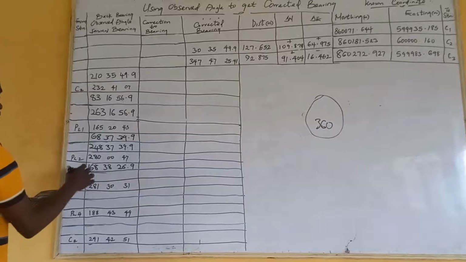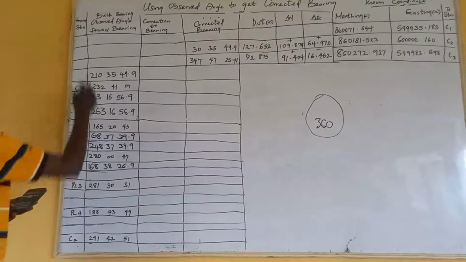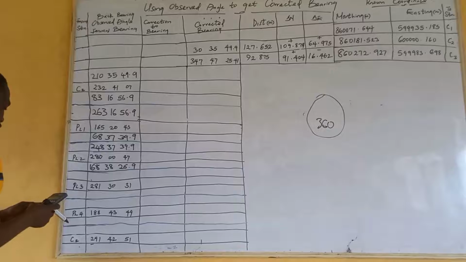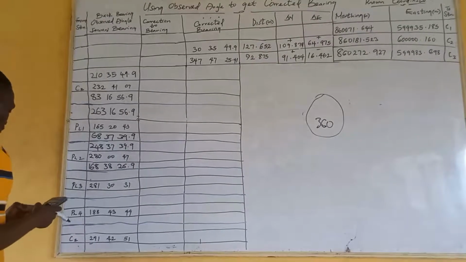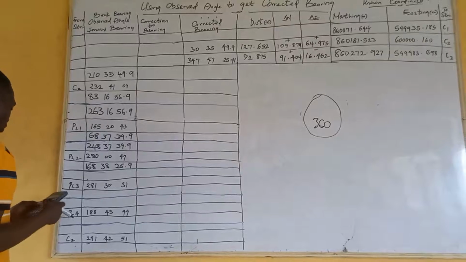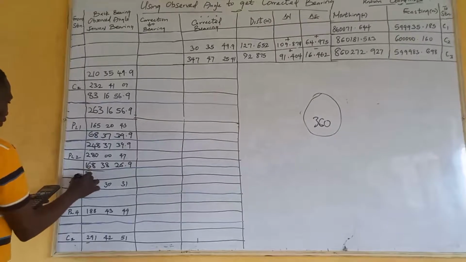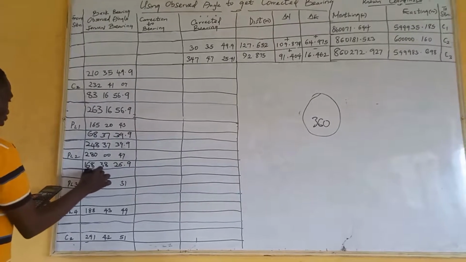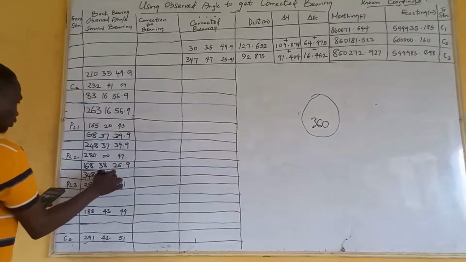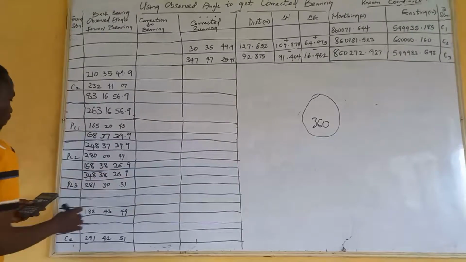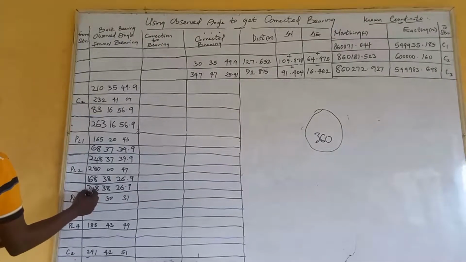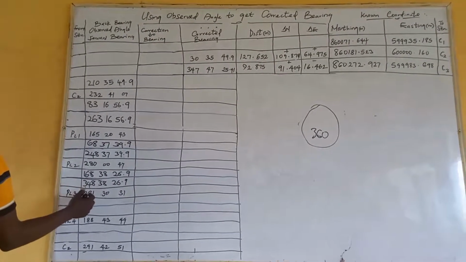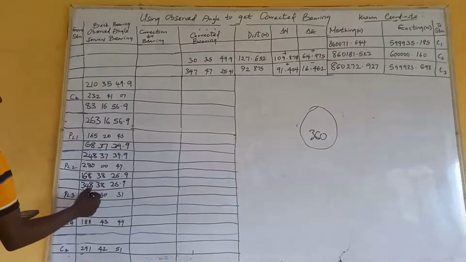You add 180 to it because it's not above 180, to get your back bearing. 168 degrees 38 minutes 26.9 seconds plus 180 degrees is going to give us 348 degrees 38 minutes 26.9 seconds. Now you add these two together, your back bearing plus observed angle, and we are able to obtain 630 degrees.